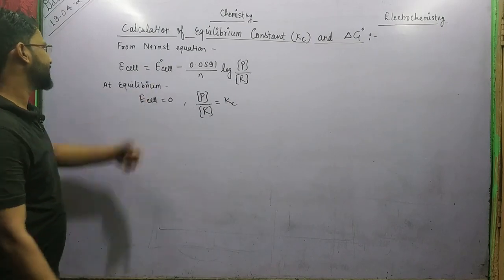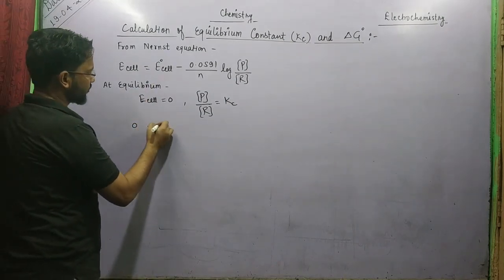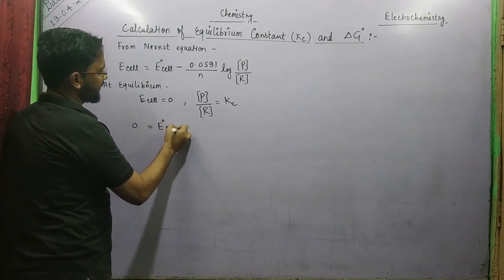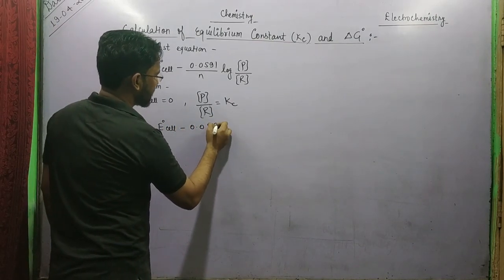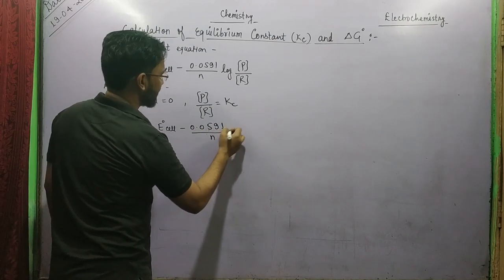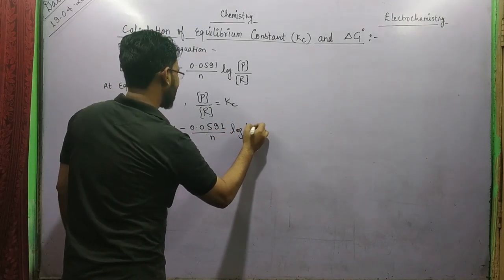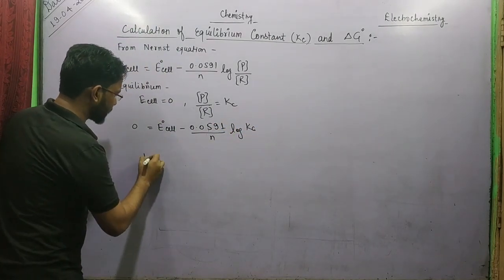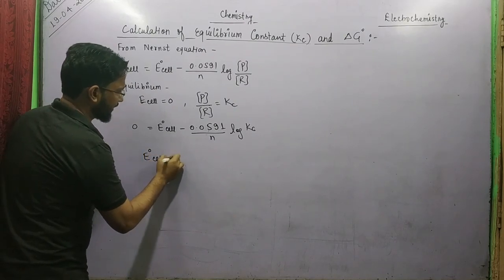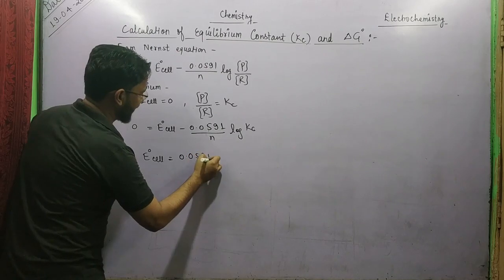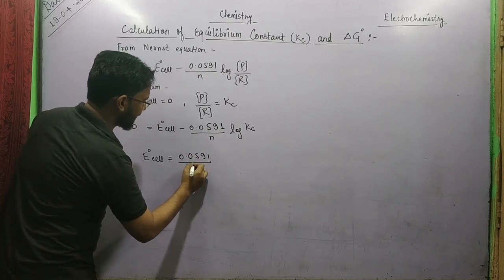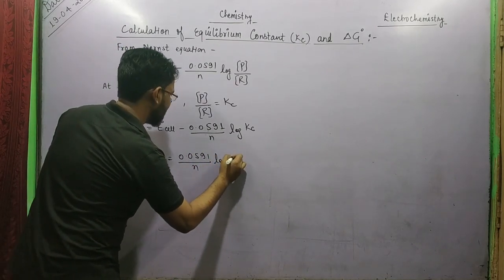Then we replace this value. So E cell equals 0 equals E naught cell minus 0.0591 over n log Kc. So E naught cell equals, this value becoming positive, 0.0591 over n log Kc.